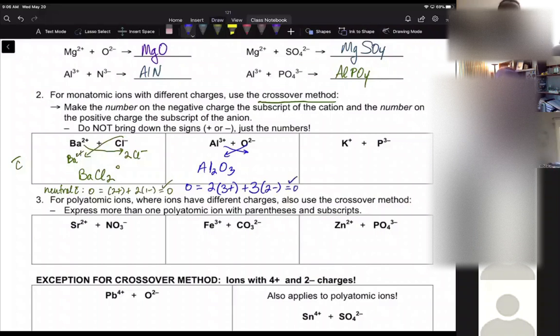So we're done. That is a neutral compound. K3P, potassium phosphide.